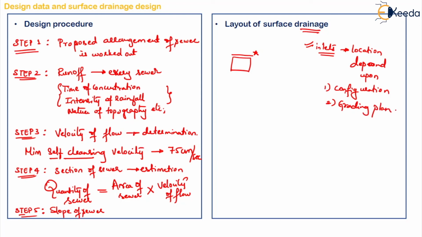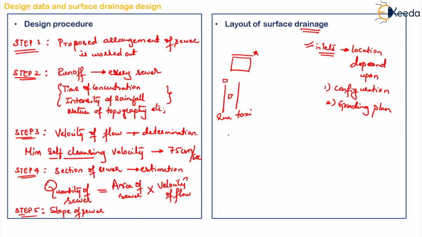So if there is a taxiway parallel to the runway, the inlets are placed in the valley between your runway as well as the taxiway. Say this is your runway, this is your taxiway. Say in between we will be placing the inlet. So if there is no parallel taxiway, the drains are normally provided at the edge of the runway pavement near the toe, and the sloped graded area is given to it.